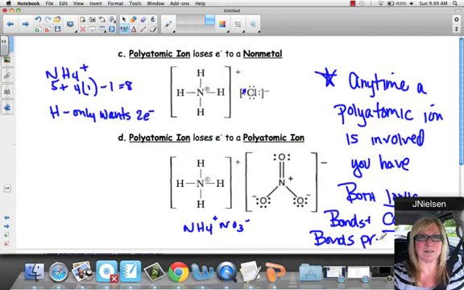And that's because within the polyatomic you have covalent bonds, but you have an overall transfer of electrons from one to another.